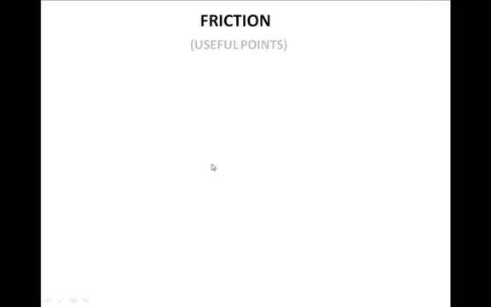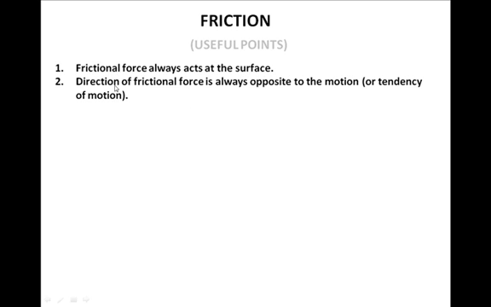Now, our attempt will be to solve a lot of problems on friction, so some of the useful points which we must understand and remember are these. One is that frictional force always acts at the surface. Naturally, it is a function of the surface contact. Now, the direction of frictional force is always opposite to the motion or the tendency of motion.